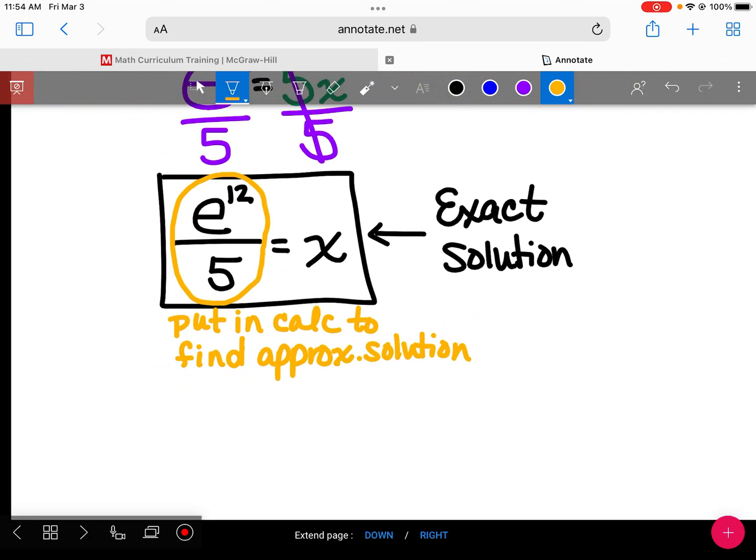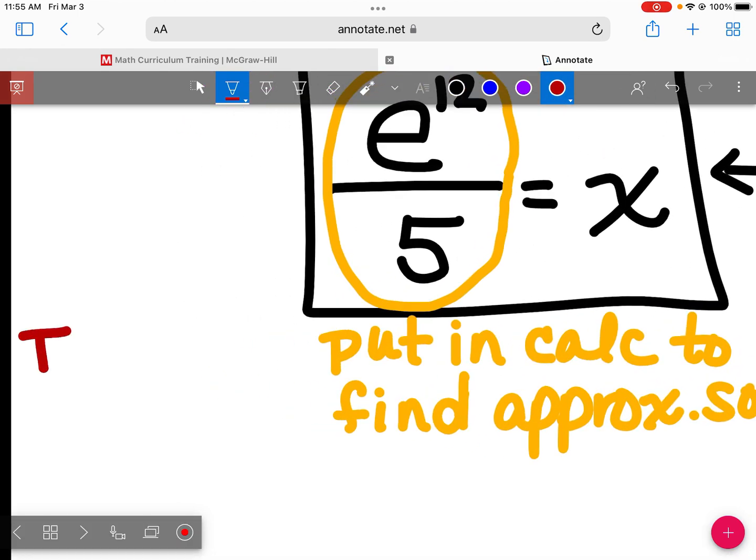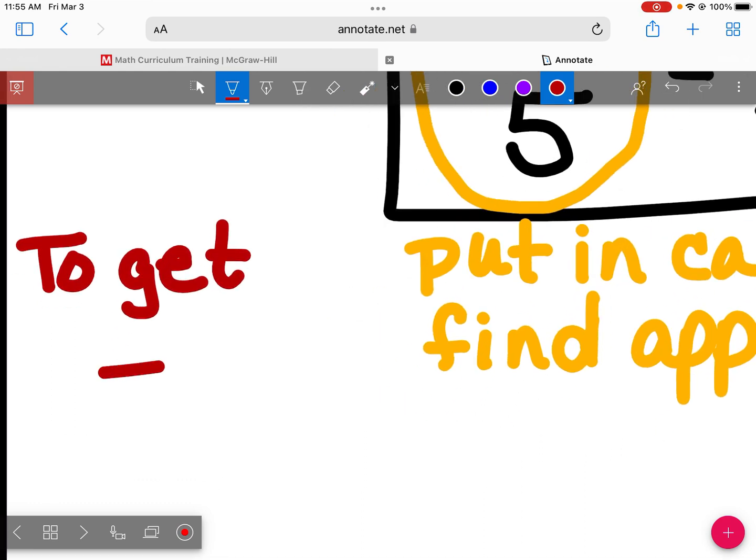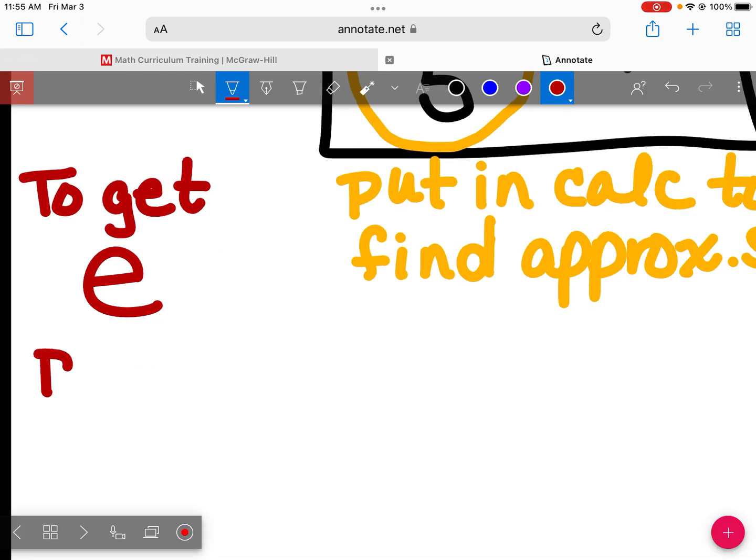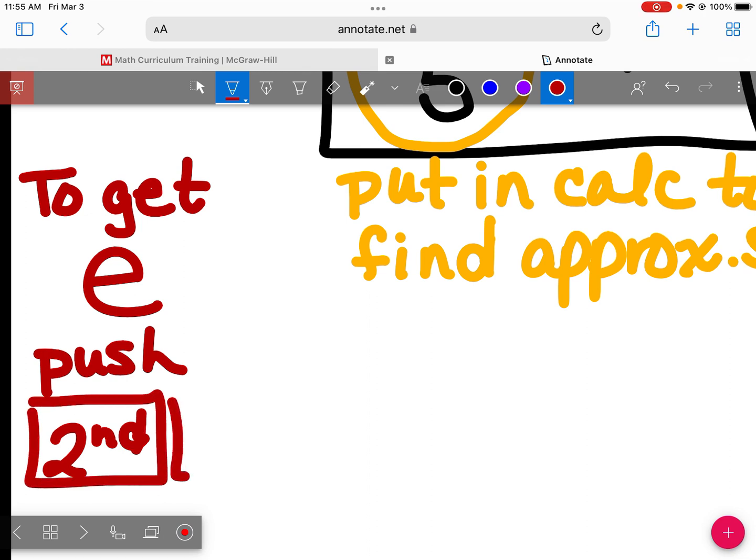How do I get the E button on my calculator? Second ln. To get E, push second and ln.